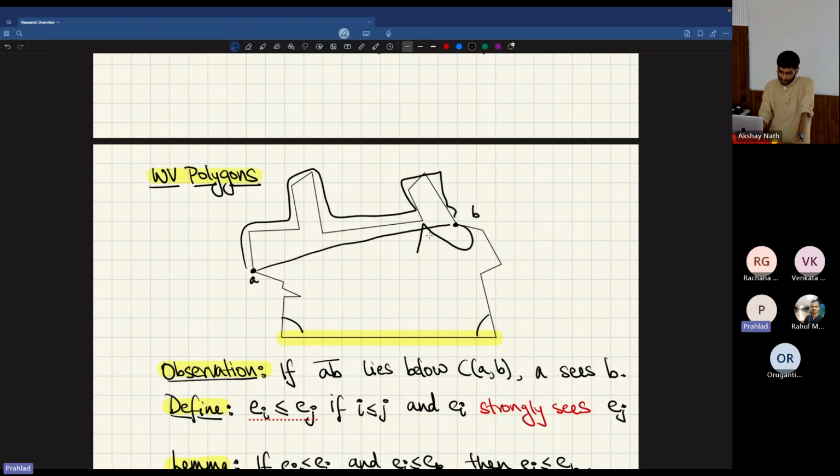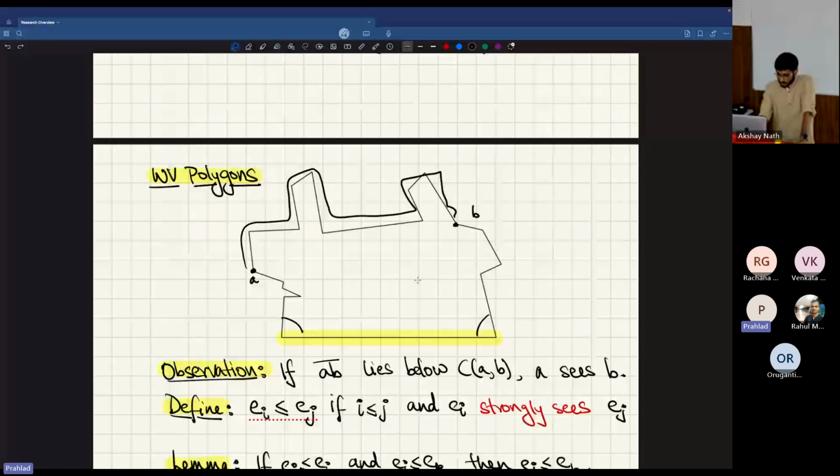Because if you take this particular point, it has to be weakly visible from the yellow edge. And if it interrupts A seeing B, then it won't be, right? Because everything it sees will be above A, and the yellow thing is below A. So that's the proof of this particular observation.